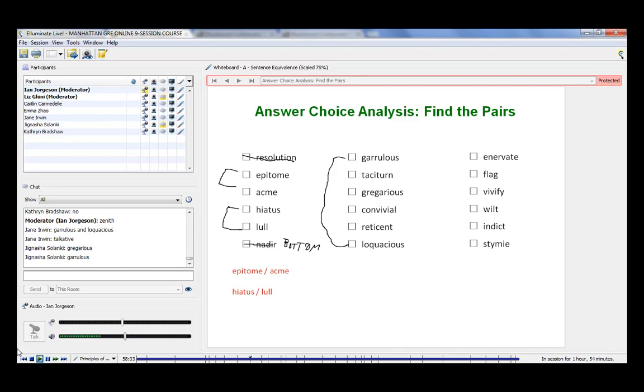Actually, those don't pair up. Garrulous and loquacious both mean talkative, but gregarious doesn't necessarily have anything to do with talkativeness. But you're right that gregarious does go with one of these other words.